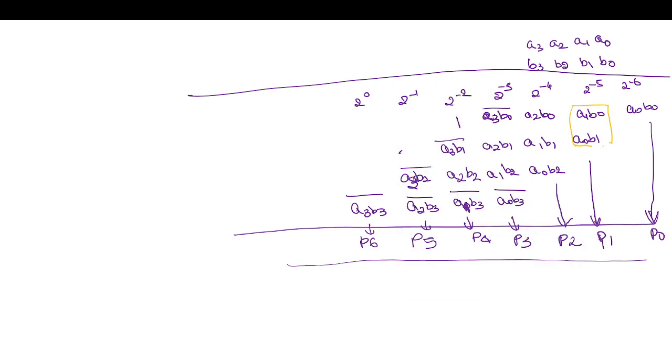This we may need one half adder. So it will have intermediate results W, and this will be the product term. Then again we can combine this. We will have W2. Now this W1, W2 we can combine. This will have outputs W1, W2, W3.